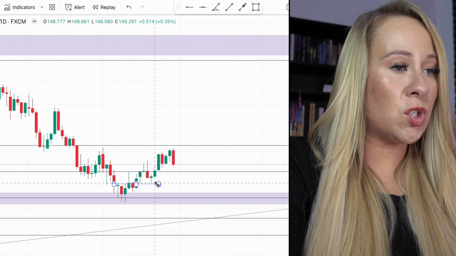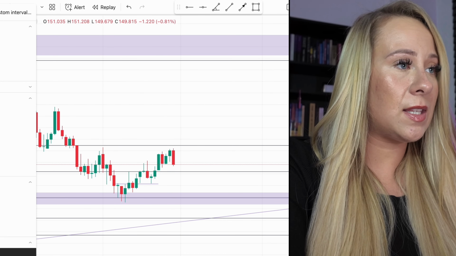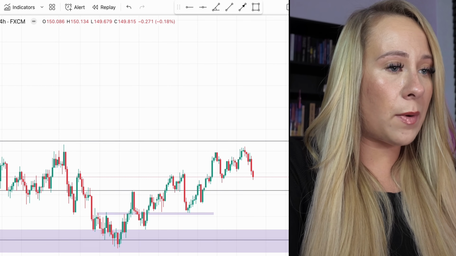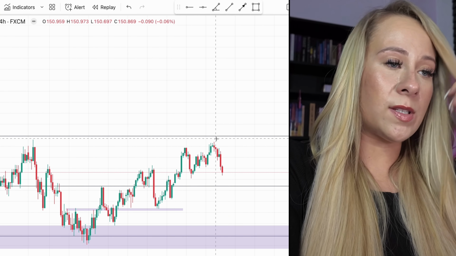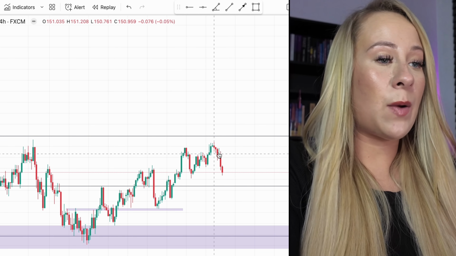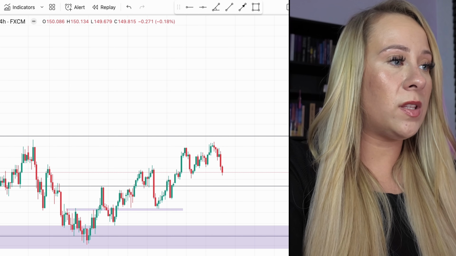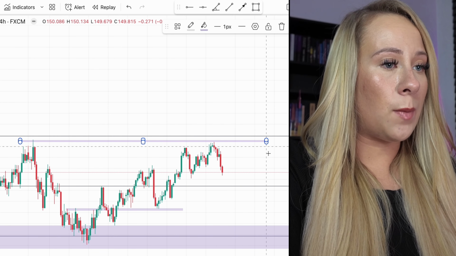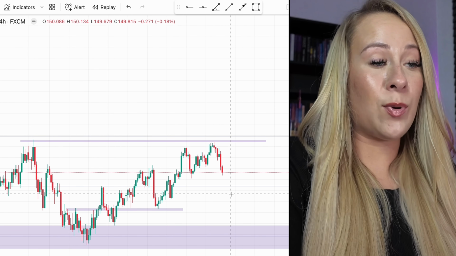And we did have the push up. We retested this little level of support that we have on the 4 hour, and price was making new highs. However, again, price has come to this level of resistance, and we are now pushing back down again.